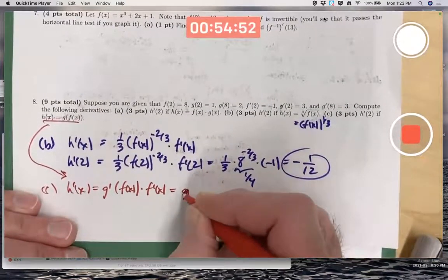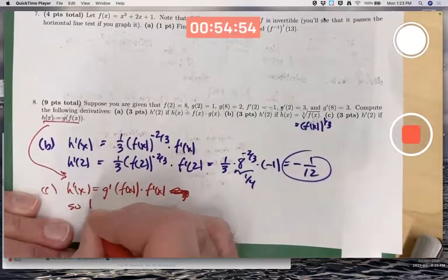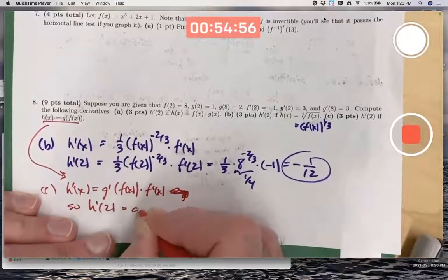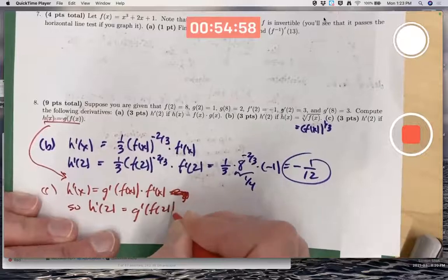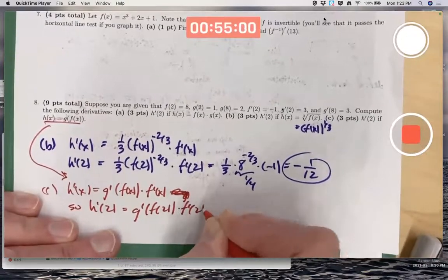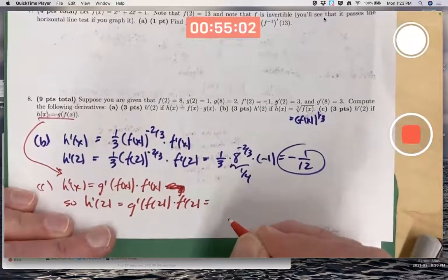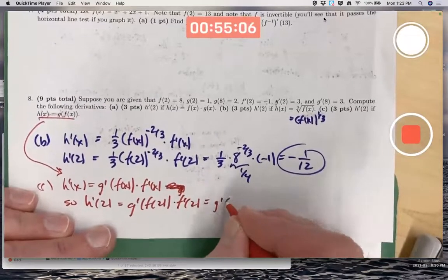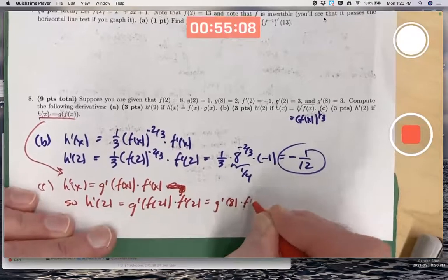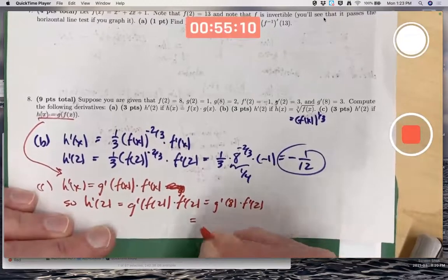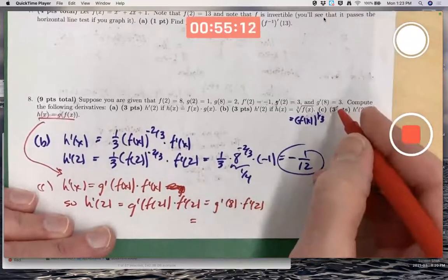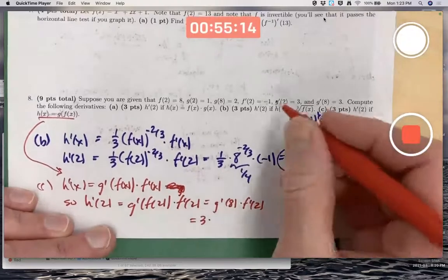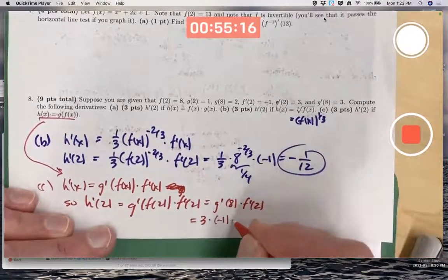Plug in the number 2, so h prime of 2 is g prime of f of 2 times f prime of 2. What's f of 2? It's 8. What's g prime of 8? It's 3. What's f prime of 2? It's -1. The answer is -3.